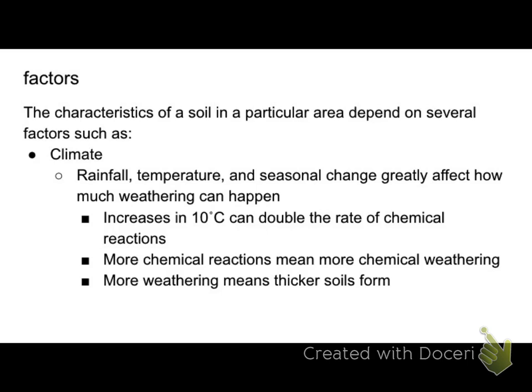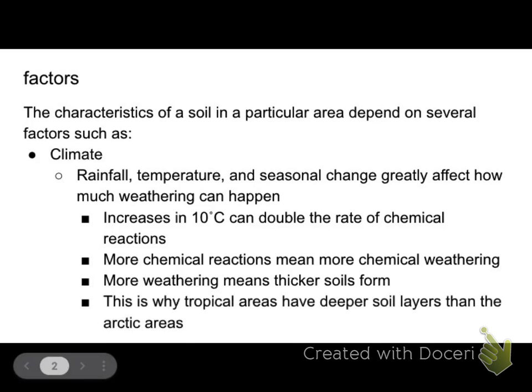You have to have weathered rock in order to make soil. So if you don't have a lot of weathering happening, you can't make a lot of soil. Even if you have all the other ingredients for soil, if no weathering is happening, you can't make a well-developed soil. So more weathering means thicker, better soils form.